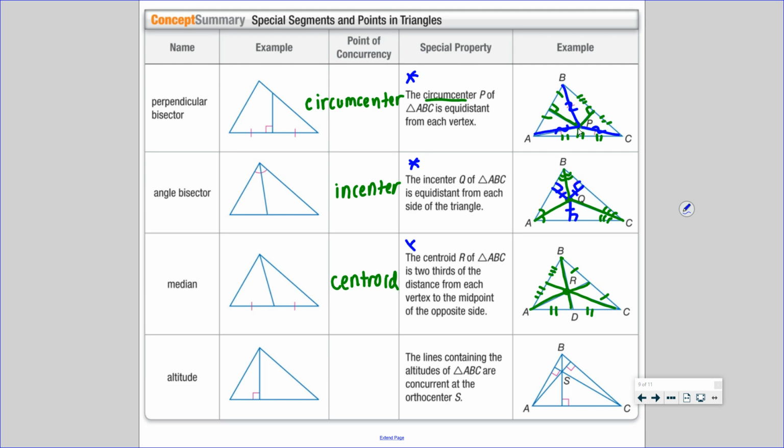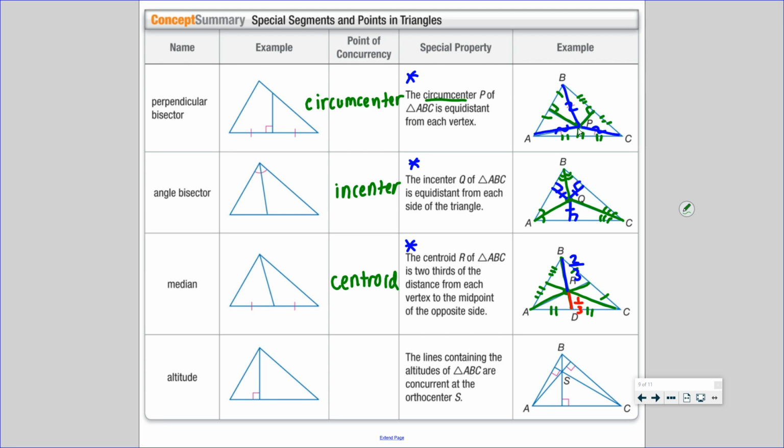Their special property is that on the vertex side, so if I'm just looking at the median right here, BD, on this vertex side from B to the centroid is 2/3 the distance of that median, the entire median, and this is 1/3 the distance of the entire median.